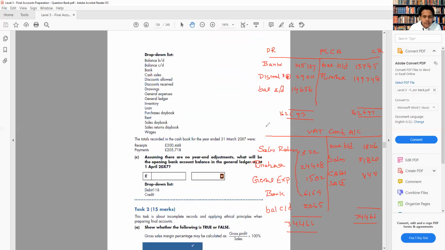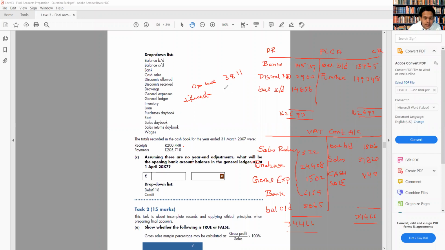So we can say opening balance 3811. So you can say 3811 is our opening balance plus receipt. How much we received during this period?